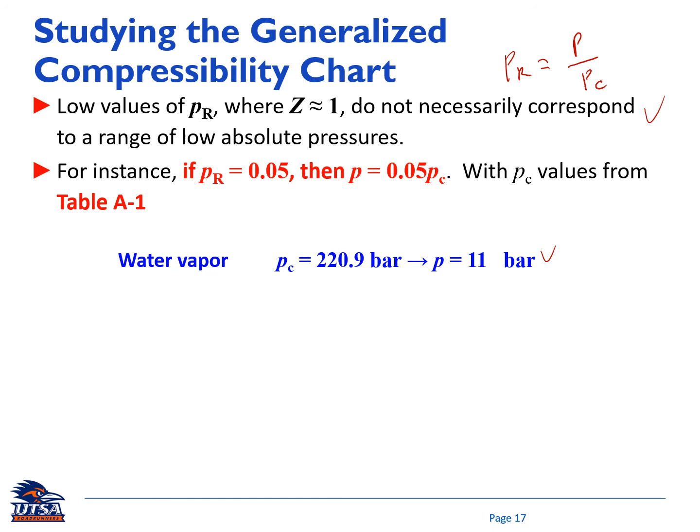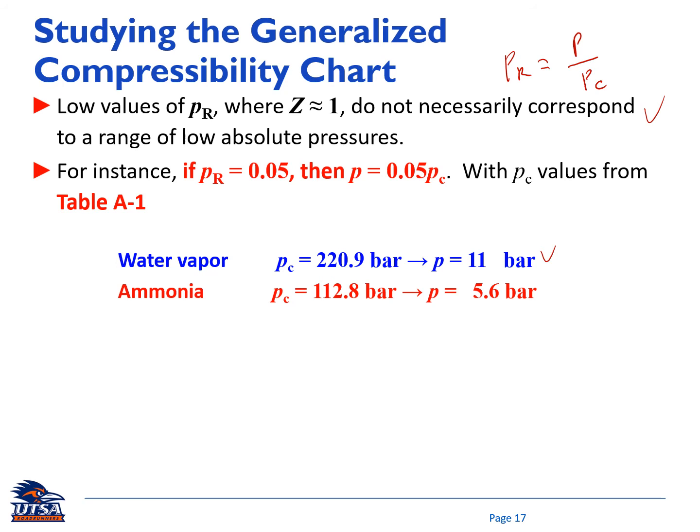Low pressure may be close to 1 atmosphere, 1.5, 1.2, but 11 bar is very high. Although it's not that high compared to, for example, the pressure during the combustion process within the engine, 11 bar is high enough.